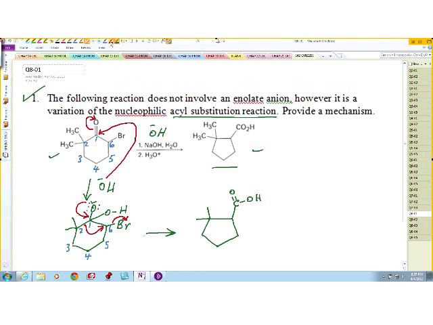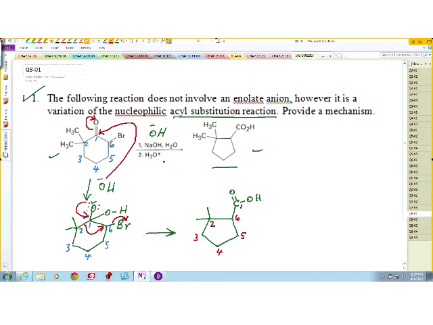Let us number the carbons. So this will be carbon 1 right here, and this will be carbon 6 right here, 5, and this is 4, this is 3, and this is carbon number 2. Is that correct? Okay.